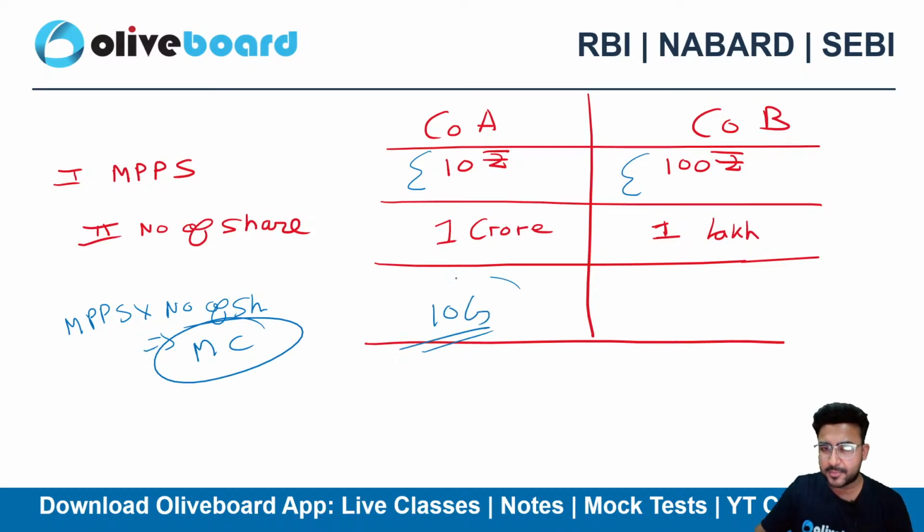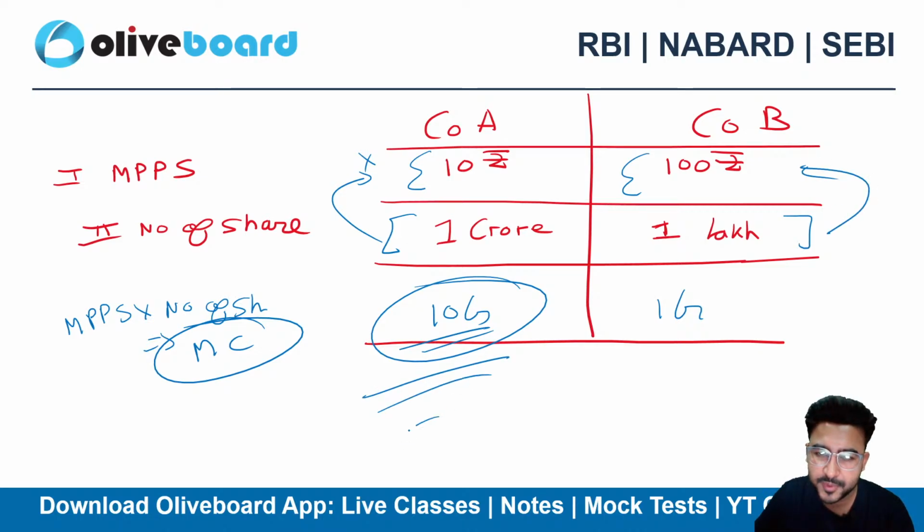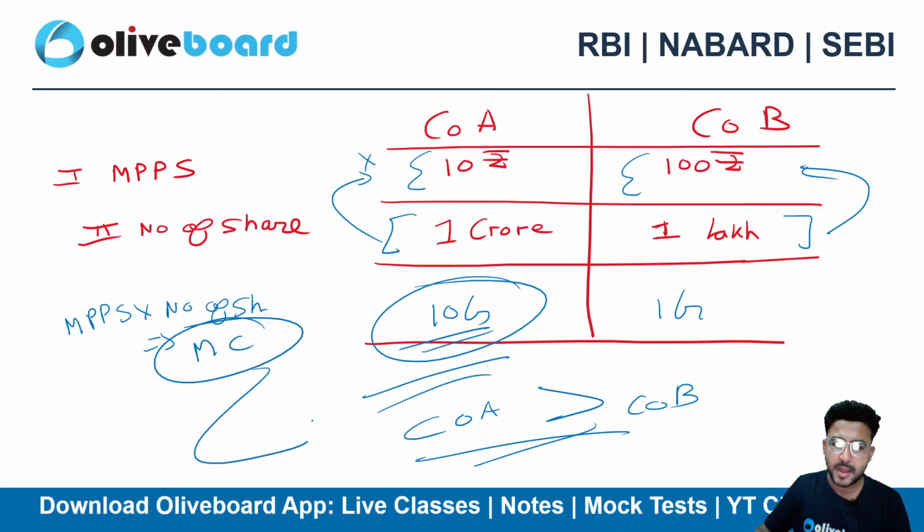So here the market capitalization comes to 10 crore. 1 crore multiplied by 10, 10 crore. Here it's only 1 crore. 1 lakh shares multiplied by 100, that's 1 crore. So company A is bigger than company B. I can conclude that because the market capitalization of company A is bigger than company B, right?